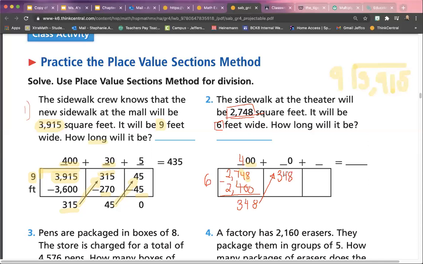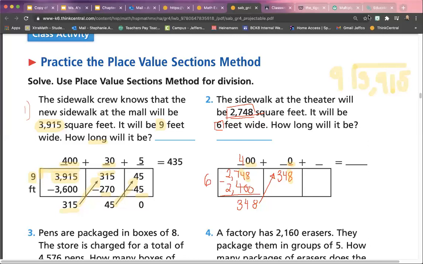So now I can hide, if it makes it easier for me, I know I have a 0 up here. So if it's easier for me, I can hide this 0 down here, knowing that it comes back here, right? So now what I'm left with is, how many times does 6 go into 34?